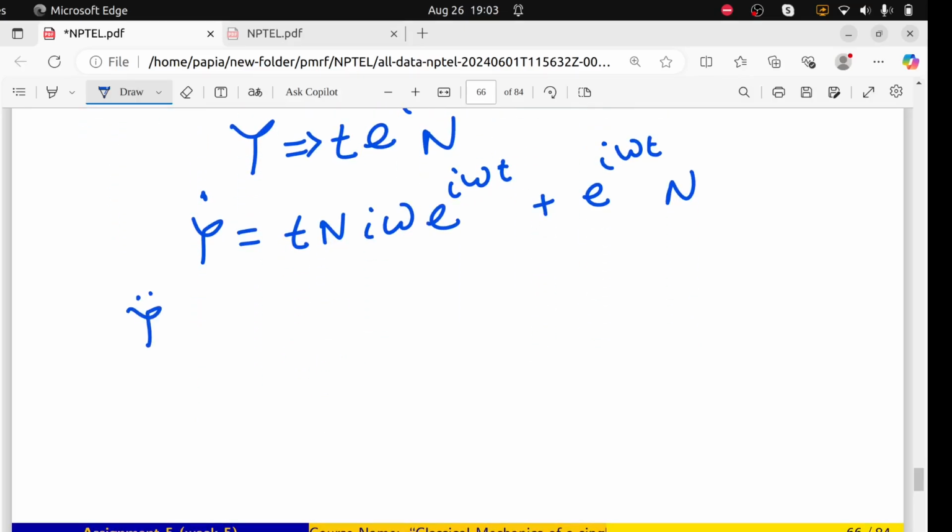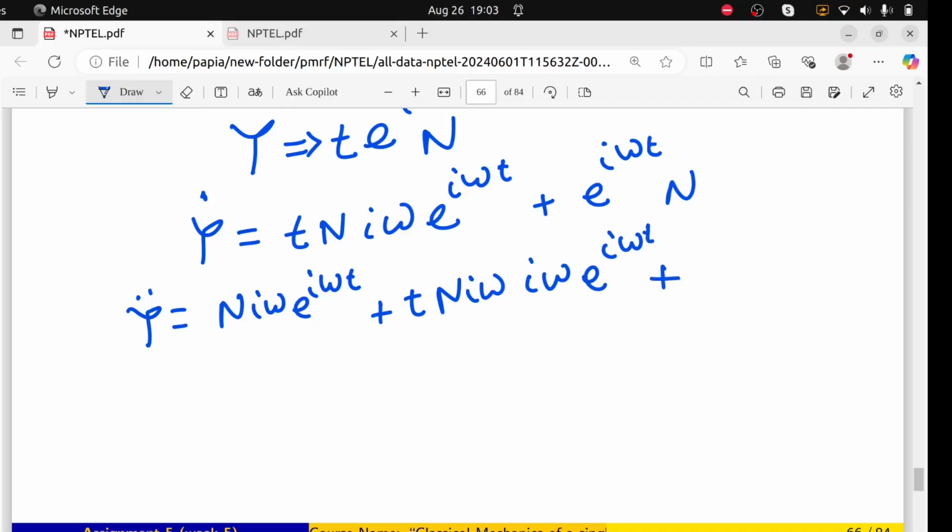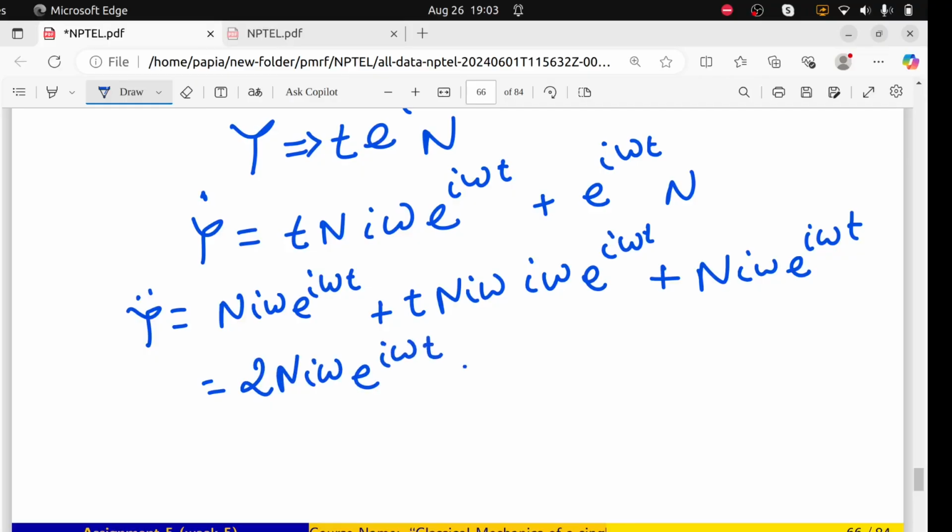Now what is y double dot? It is n i omega e to the power i omega t plus t n i omega e to the power i omega t plus n i omega e to the power i omega t. So that is 2 n i omega e to the power i omega t minus omega square t n e to the power i omega t.